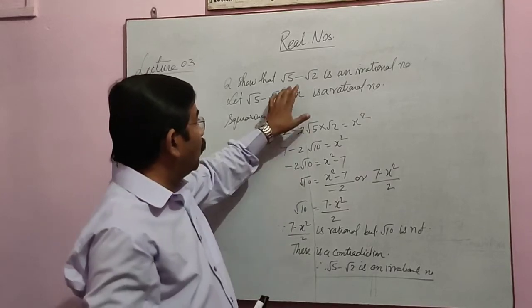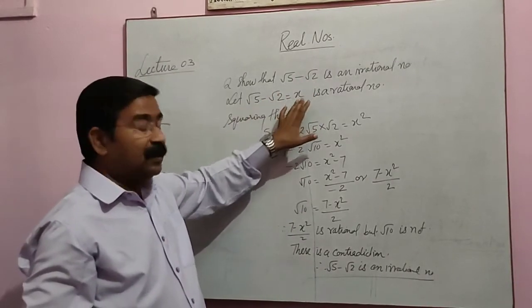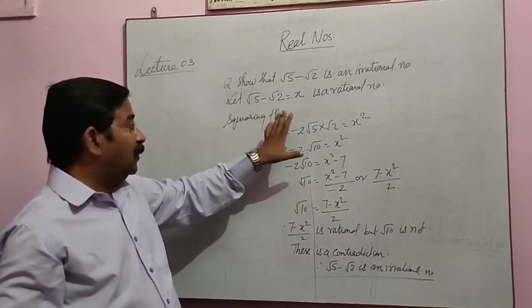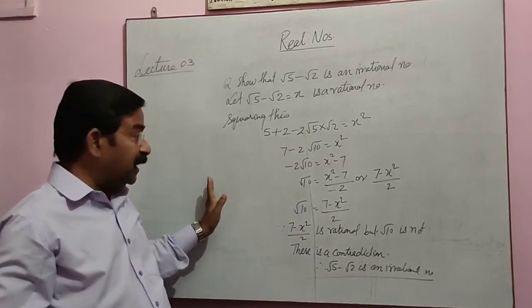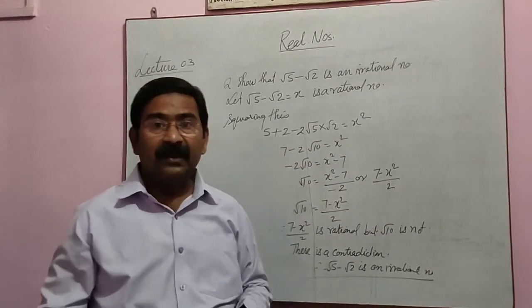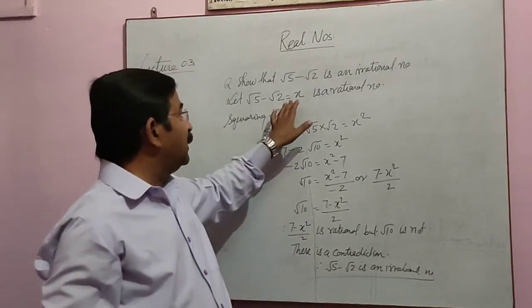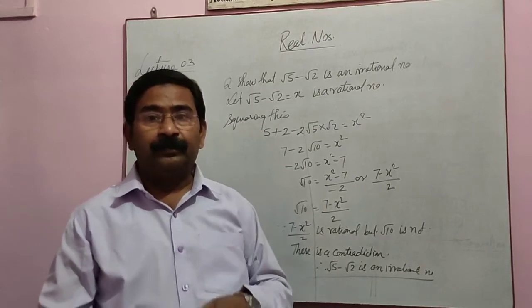But if we have both irrational numbers, then we will use this method: squaring this side and getting the rational towards rational and irrational on one side, and you will see that the statement is contradicted. So you say that this one is not a rational number, means irrational number.